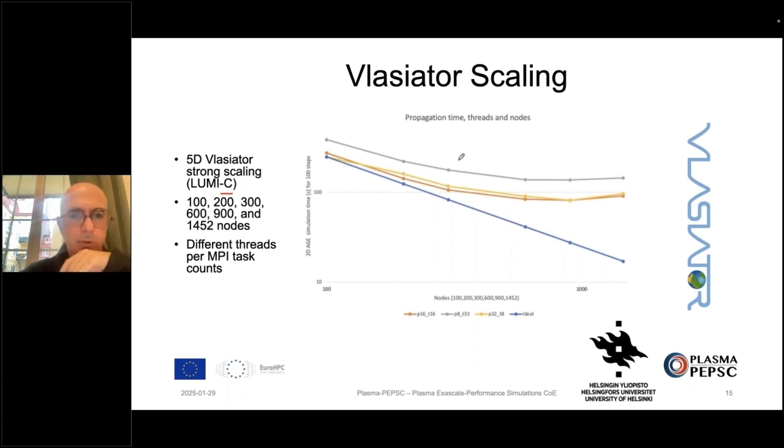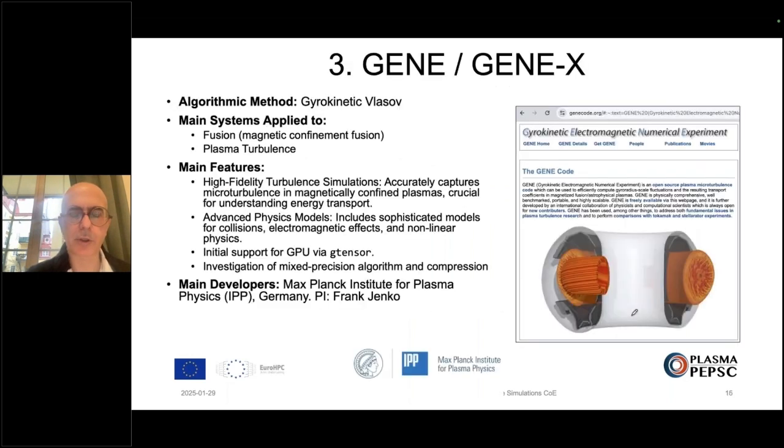You see that around 300 it starts flattening a little bit, so we are looking at the root cause for this. We identified, for instance, the communication part, and how to aggregate the messages and decrease the communication. And the Vlasiator team is doing a great job in this direction.